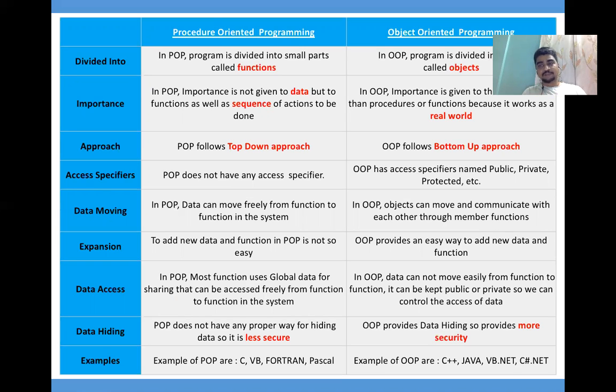There are levels of access specifier, and this OOP programming language is highly secured. Examples of POP are C, VB, Fortran, Pascal. In object-oriented programming language, the examples are C++, Java, VB.NET, or C#.NET, etc.